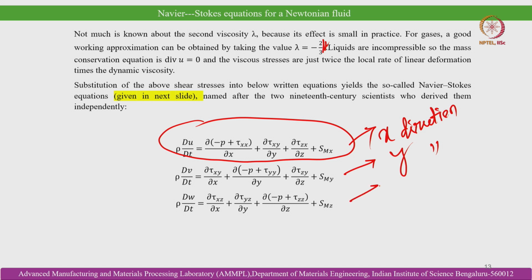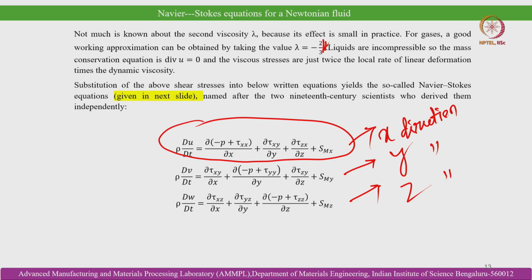For the z direction, rho Dw/Dt is equal to ∂tau xz/∂x plus ∂tau yz/∂y plus ∂(−p + tau zz)/∂z plus SMz, where SMx, SMy, SMz are the source terms written here to consider the effect of body forces.